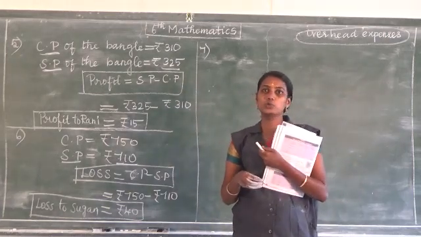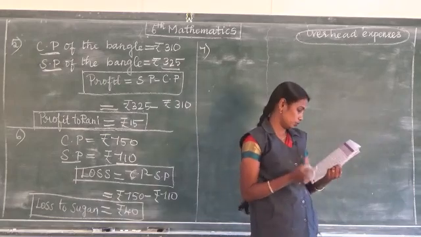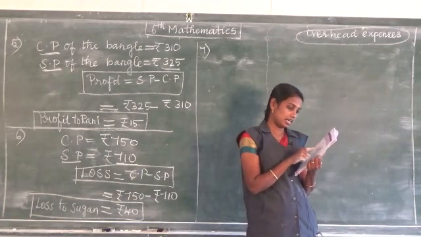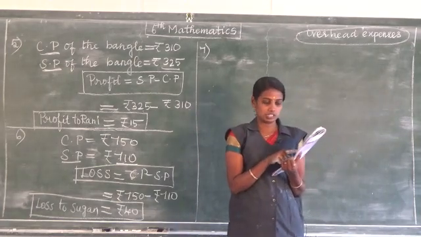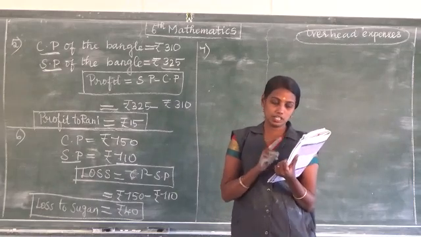It is included with the cost price. So the second hand bike he bought for 28,000 and he spent 2,000 on its repair. So the cost price includes the repair amount.